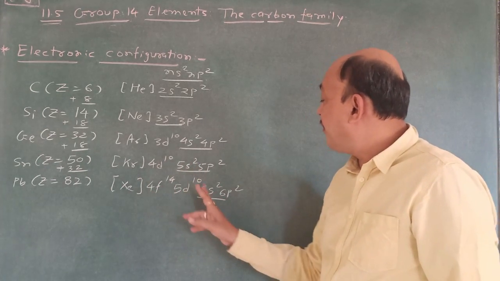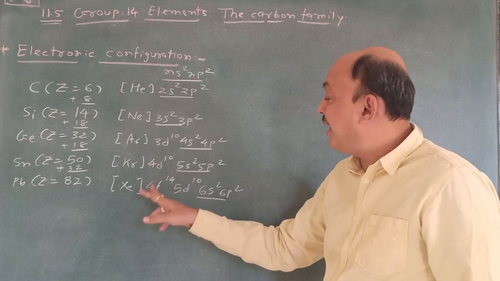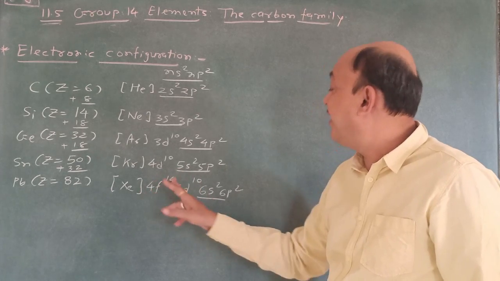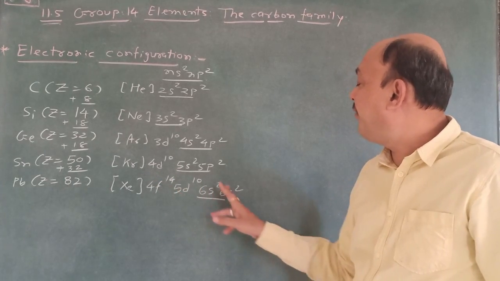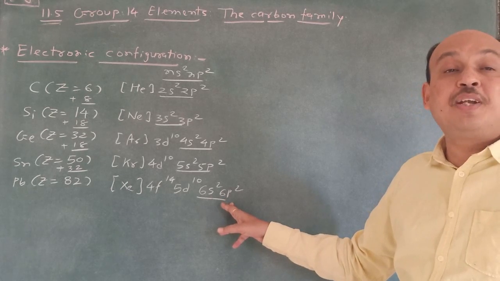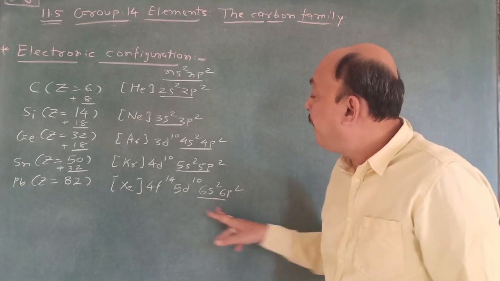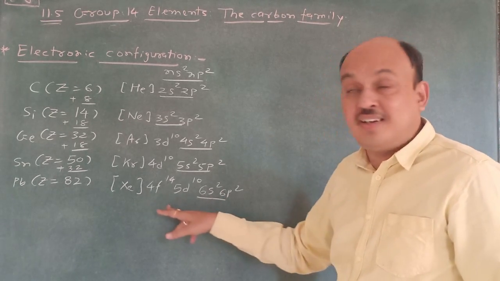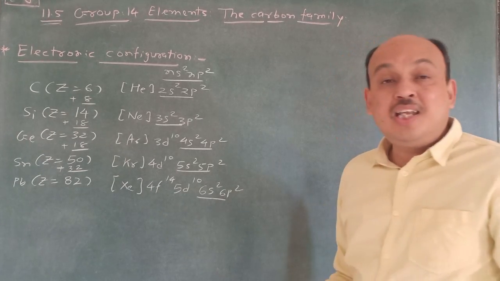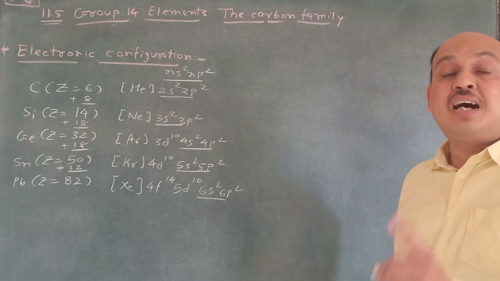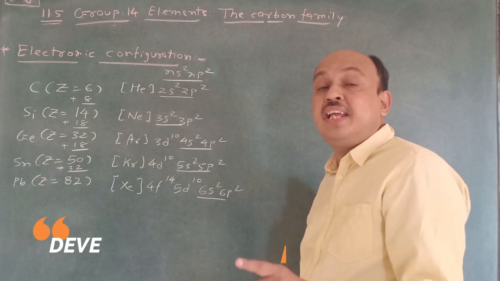Xenon core. First of all, electrons enter 6s2, then 4f14 is completely filled, then 5d10 is completely filled, then they enter 6p2, and that's why poor screening effect occurs. So remember this: d orbital and f orbital are known for poor screening effect.